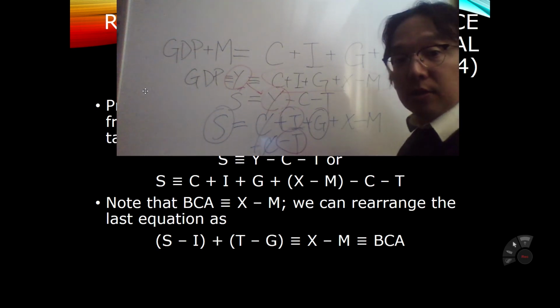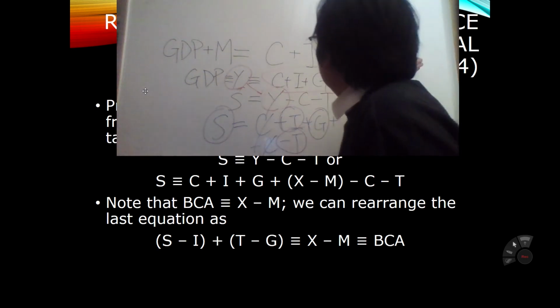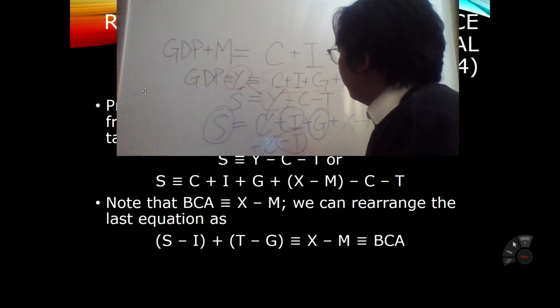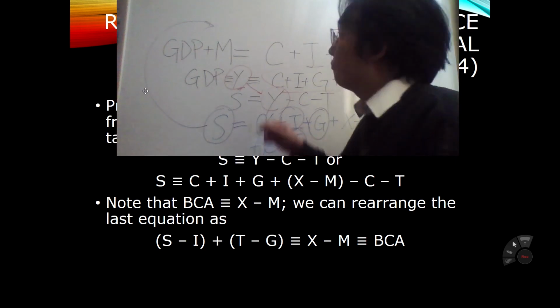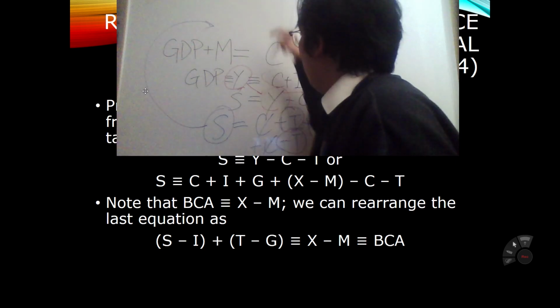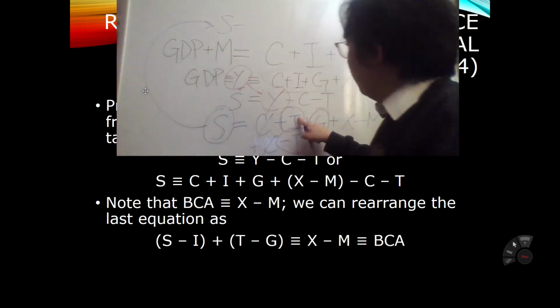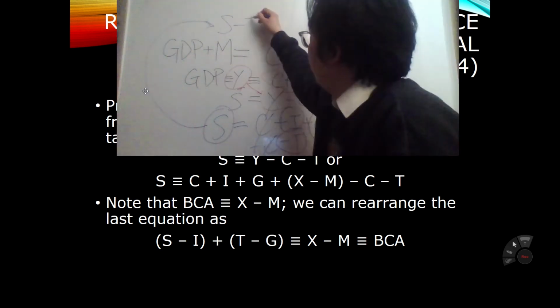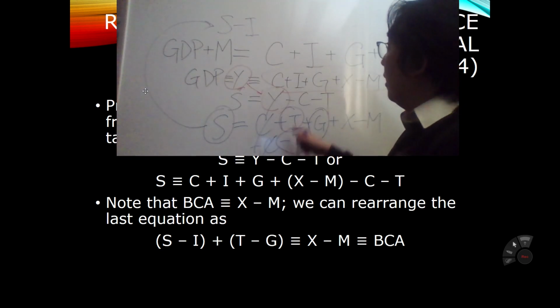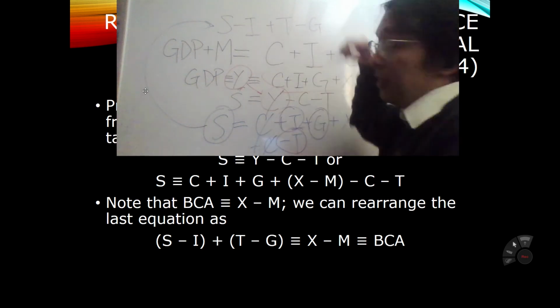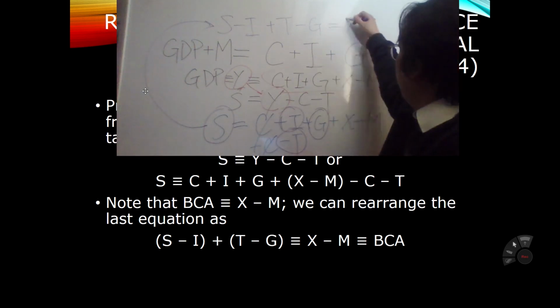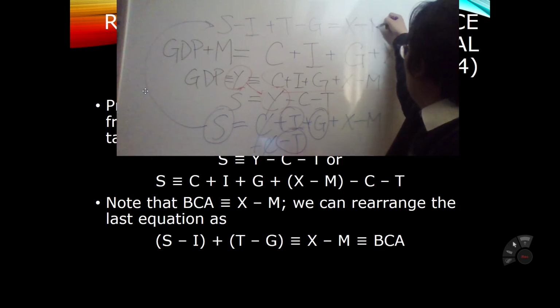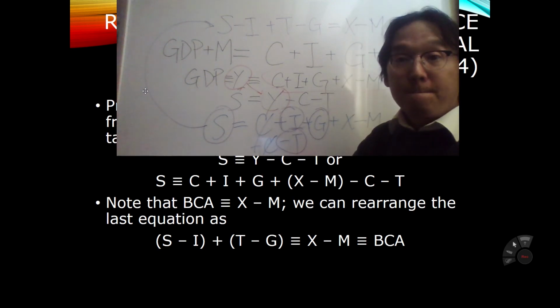So in the end, if you bring this guy to the other side of the equation, it looks like this: savings minus investment, plus tax minus government spending, and then should be equal to export minus import.